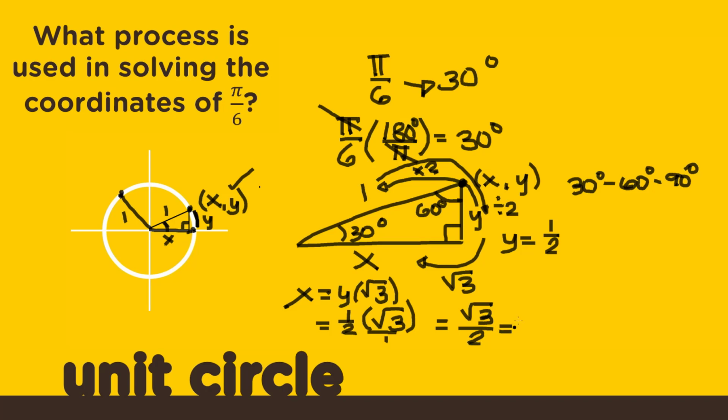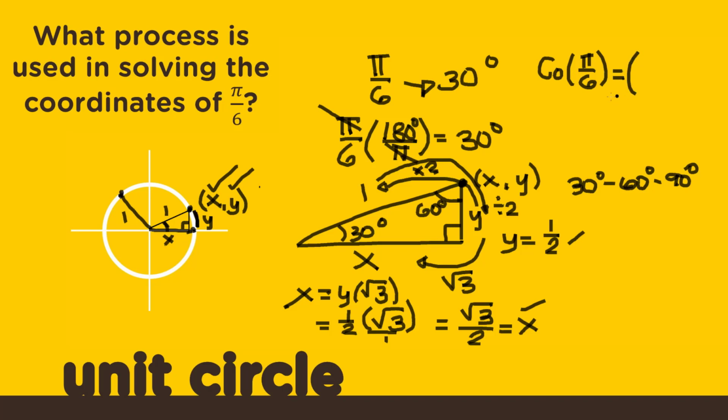This is your x, or the distance from this point to this point of our right triangle, which corresponds to the x value of our coordinate. In short, with y being 1/2 and x being square root of 3 over 2, the coordinate of our pi over 6, which we already knew, as I mentioned, because we can memorize it, but just for the purpose of discussion, the reason behind the point is this.